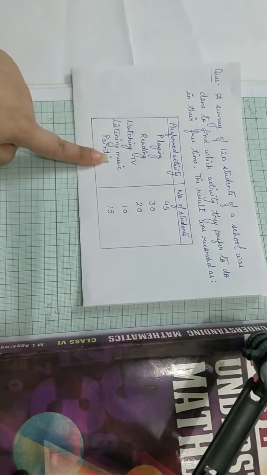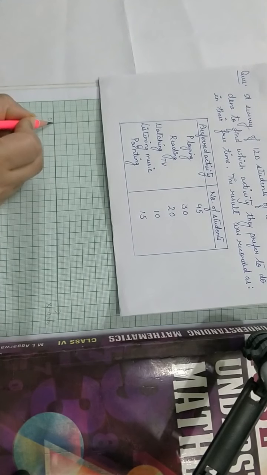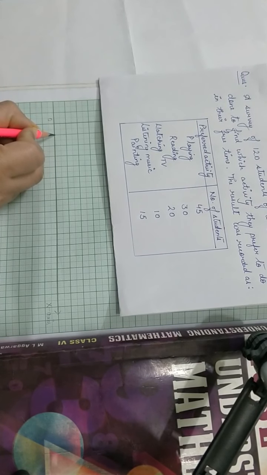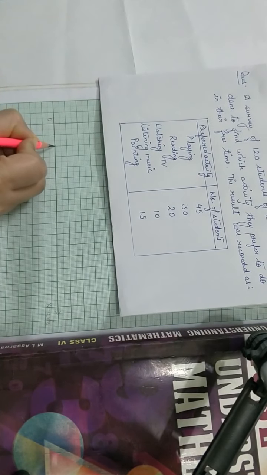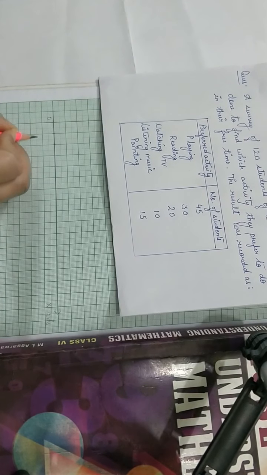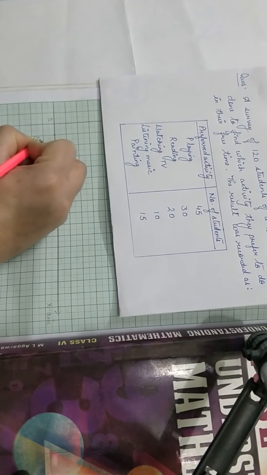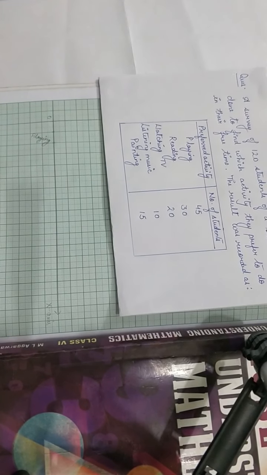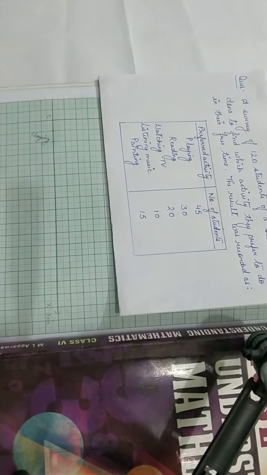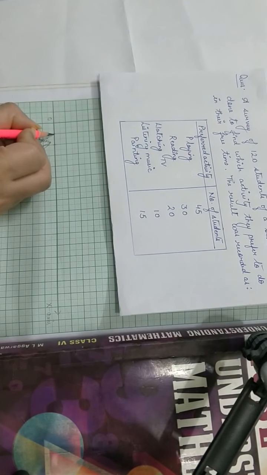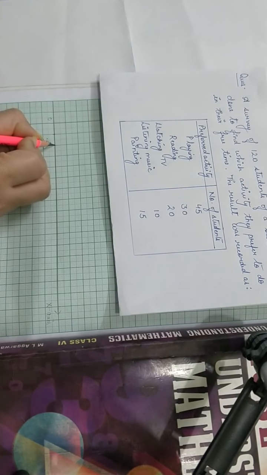So first of all, I'll write all the observations. Leaving 1 unit, okay, I am taking the width of one bar as 1 unit. This one block is for the very first observation, that is playing. I will use a bar of 1 unit width.